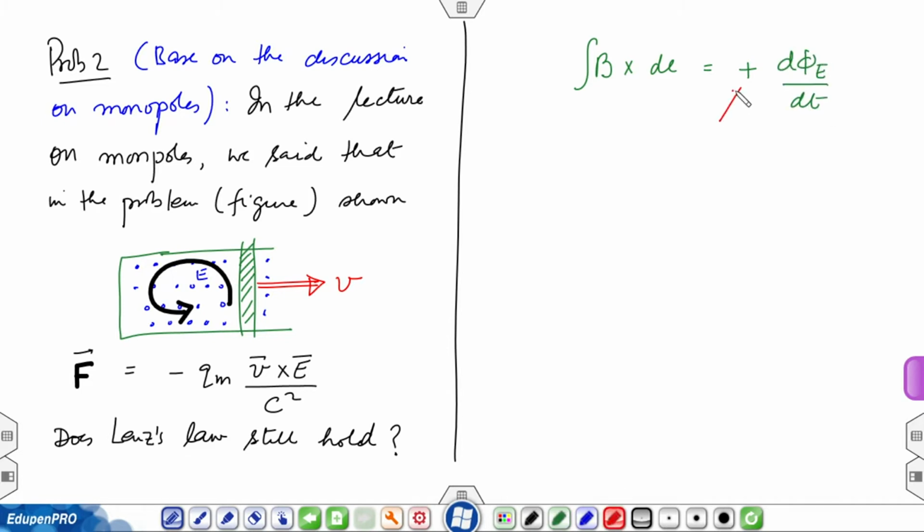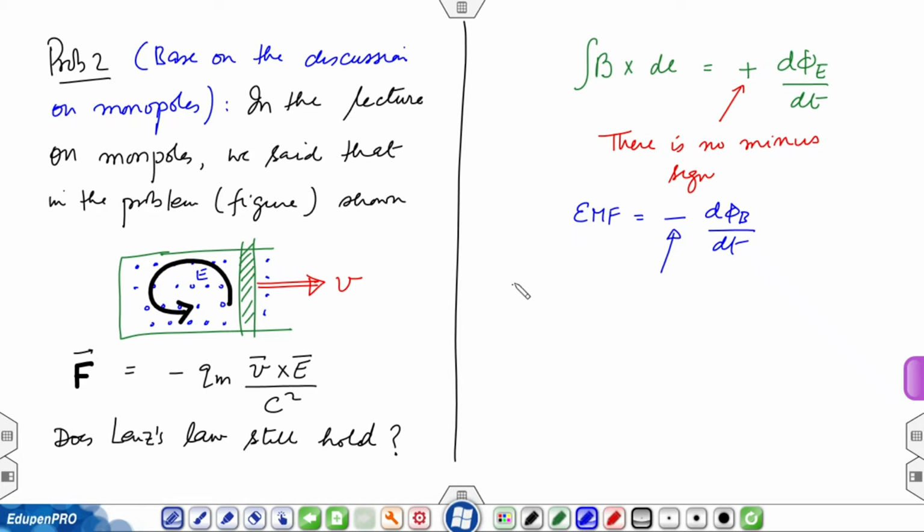There is no minus sign, and Lenz's law had EMF equals minus d phi by dt, and there was this minus sign here, which we said is Lenz's law. The question is, does Lenz's law still hold?